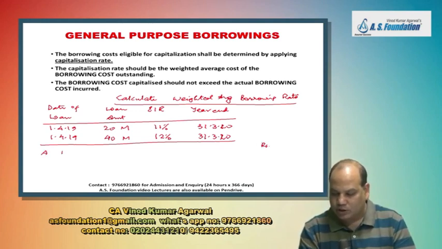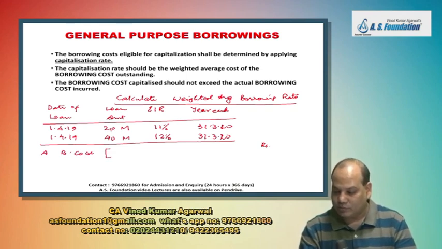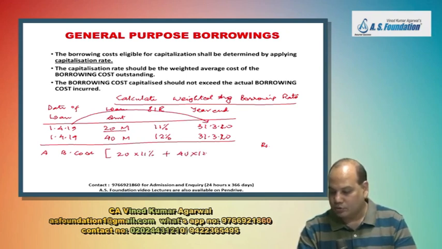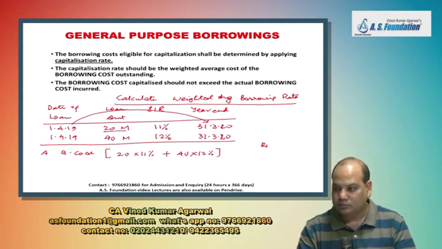First you calculate the borrowing cost. Now these are general borrowing cost. So borrowing cost in this example is very easy. Can you see this loan is outstanding for entire 1 year period? So simply 20 into 11% plus 40 into 12%. Give me the final figure.